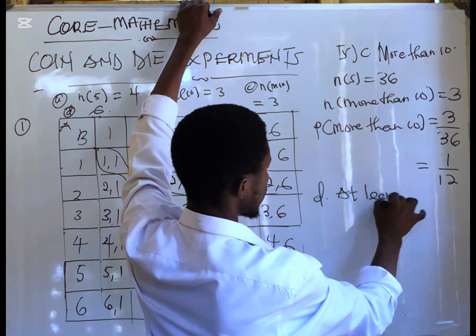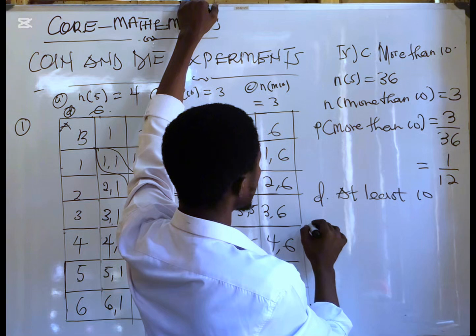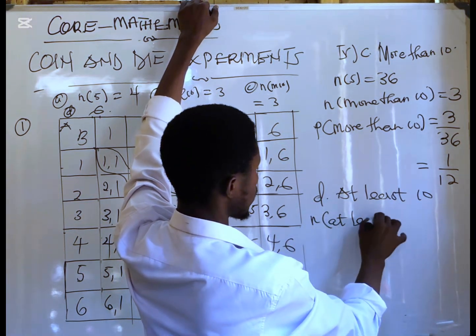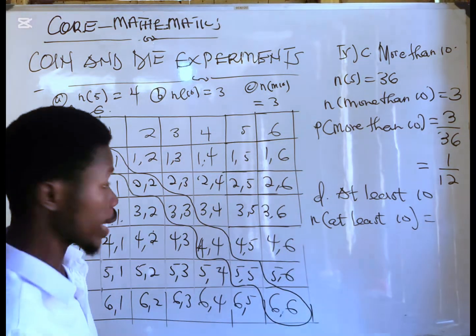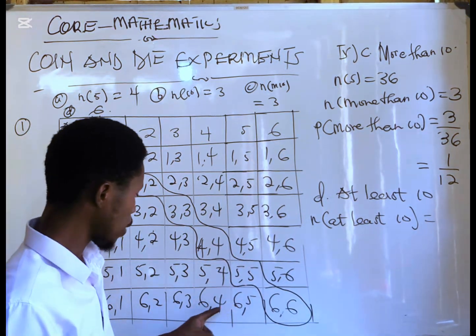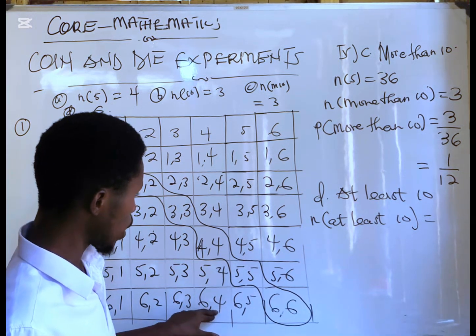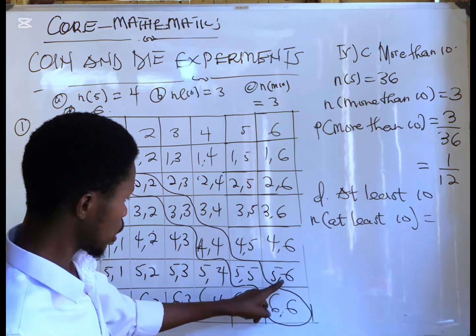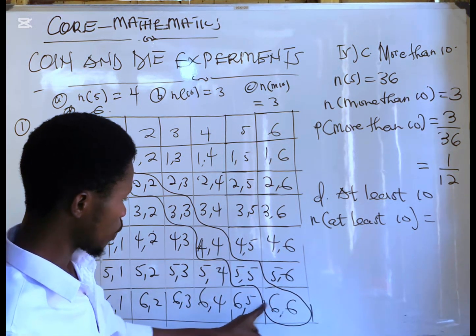At least 10. So it means that the number of events of obtaining at least 10 will be what? We have 6. That is 10 or more. So already you have established 6 and 4. That's this one plus this plus this. That's 3. This will give us 11. This will give us 11. This will give us 12.